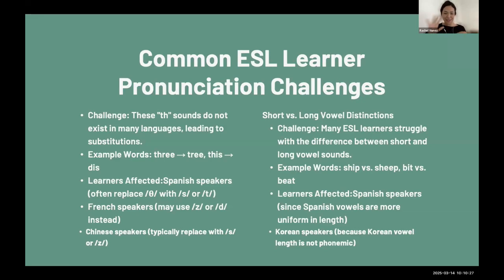There are some words I don't want to say right now that can get very confused. Another one is "bit" and "beat." This is the short I, and then you have the E: bit, beat. Spanish speakers are affected, and we also have Korean speakers affected, among other backgrounds.